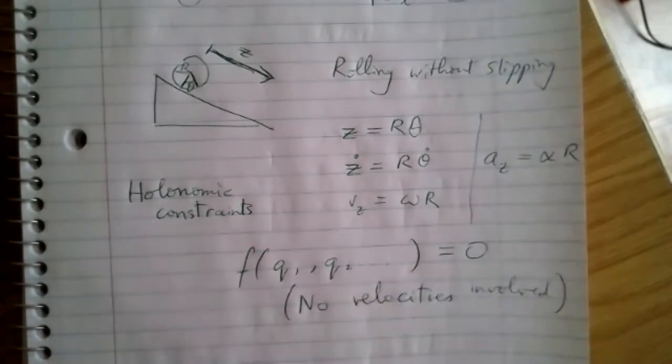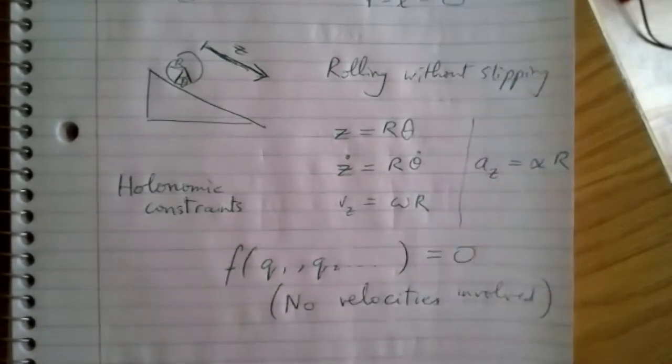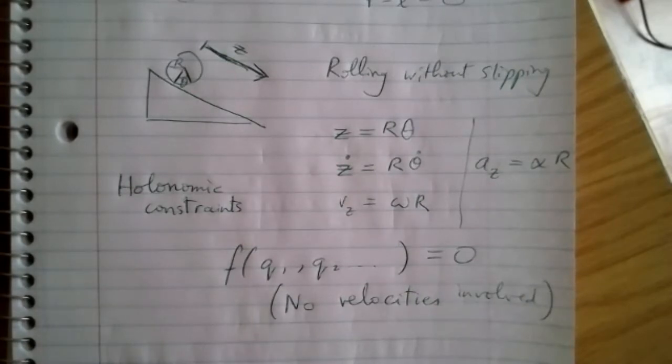If they can be integrated, then it would be a holonomic constraint. But if they can't be integrated, if they're just a set of relations among the differentials of the coordinates, or relations between the velocities in the coordinates, then those are non-holonomic constraints. But mostly we won't be dealing with those. Questions?